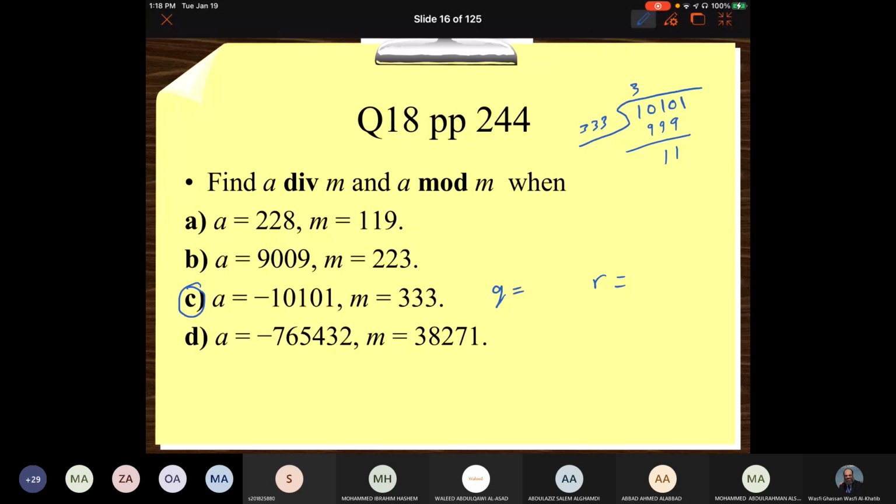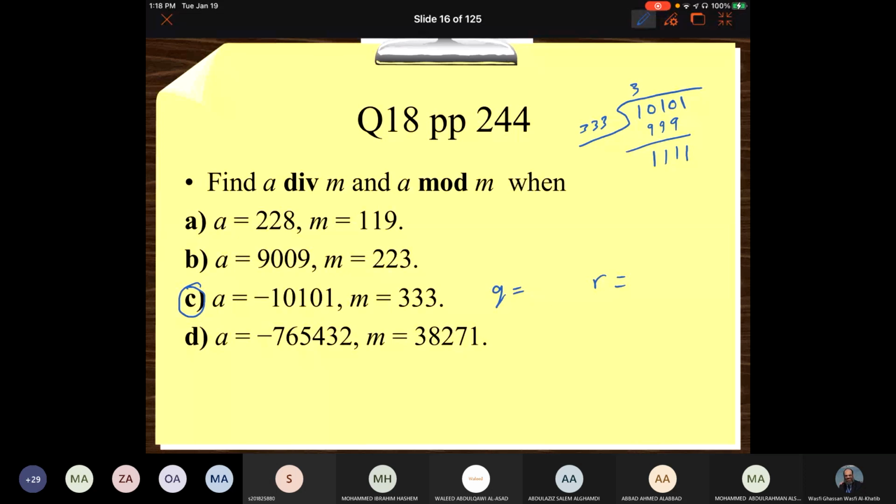And this is 0, right? We stopped knowing what's happening. 10 minus 9 is 1. 0 minus 9. Okay.